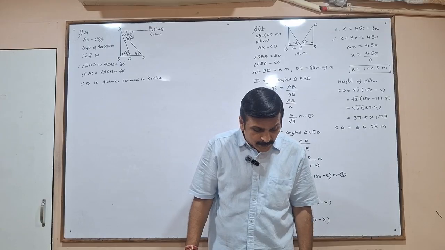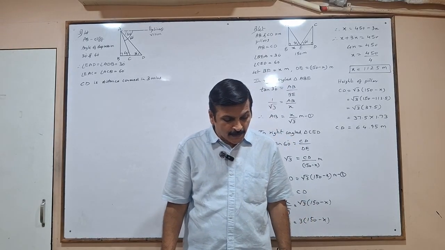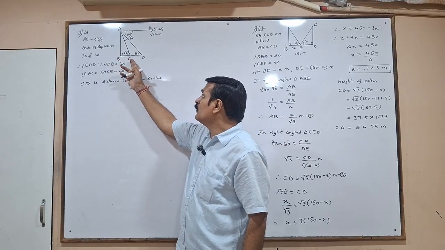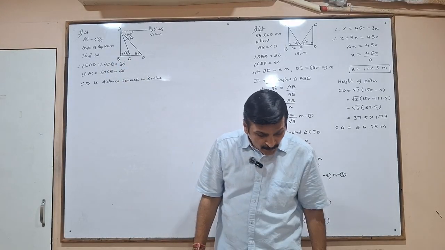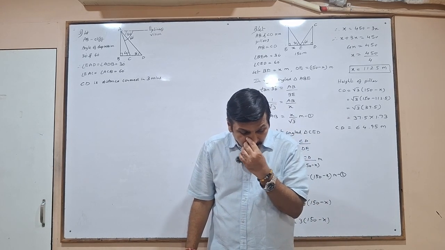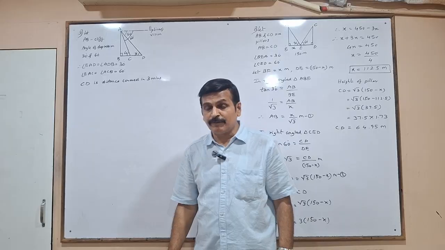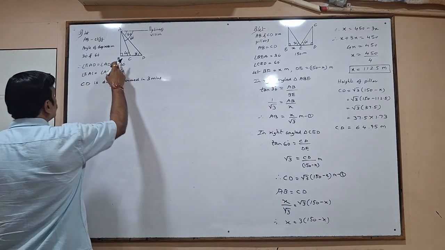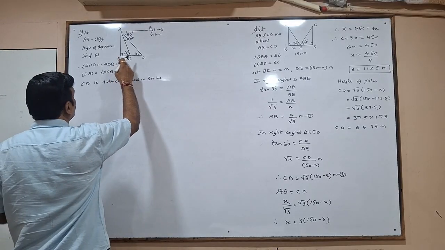So what we want to calculate here, how much more time it will take to reach the shore. Means to travel BC, how much more time the ship will take, and also the speed of the boat in meter per second if the height of the cliff is 500 meter.